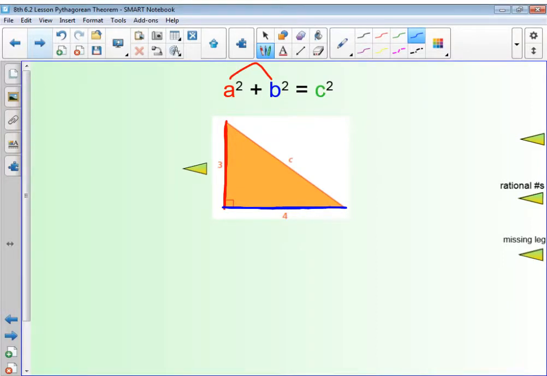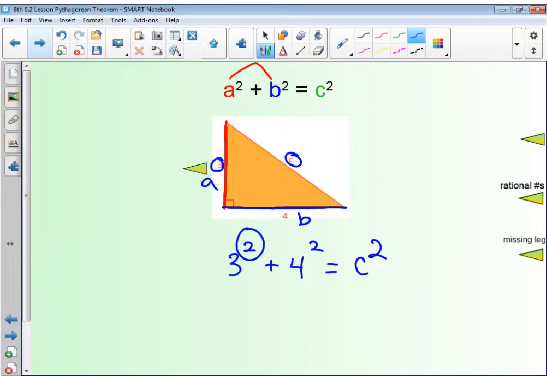Where we have A, I'm going to write 3 squared. Don't forget to write the squared. Plus 4 squared equals C squared, which we don't know yet. You understand where I'm pulling this information? I'm just pulling the numbers where I had A and where I had B.